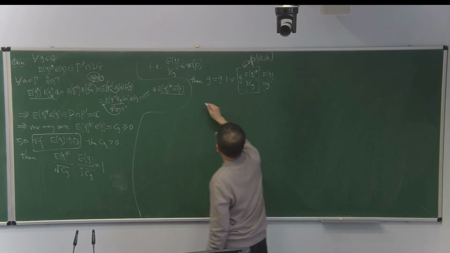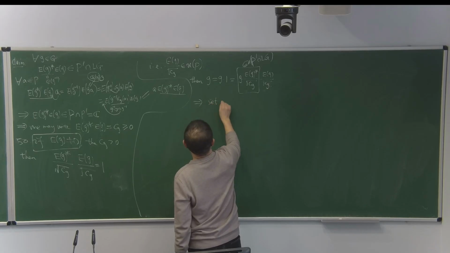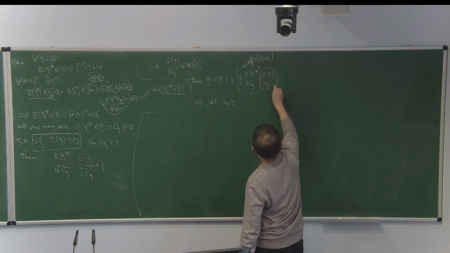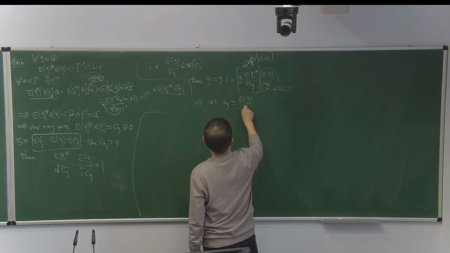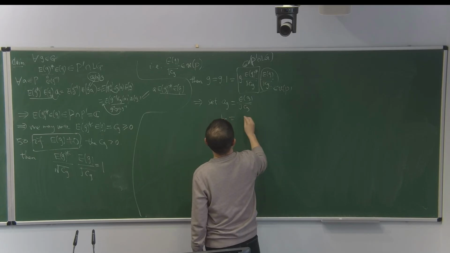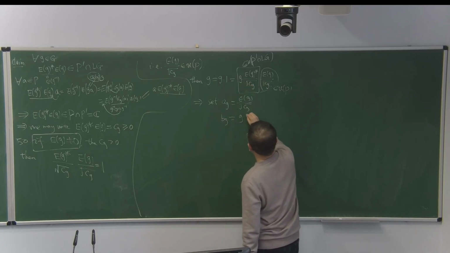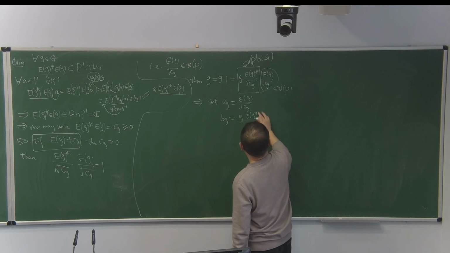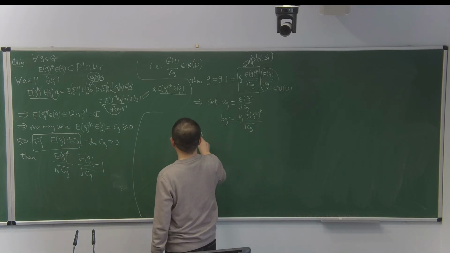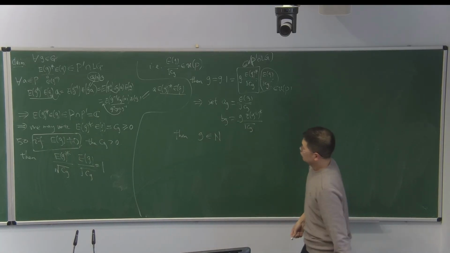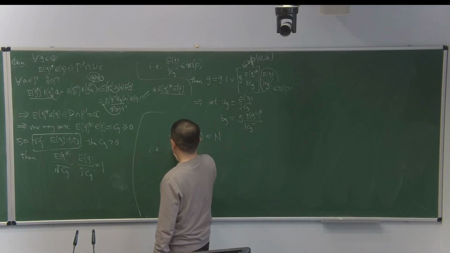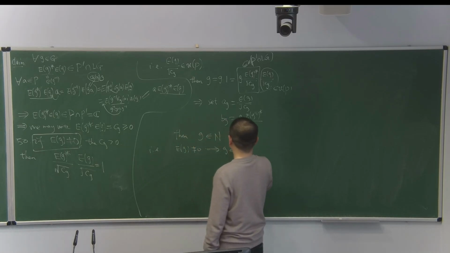So if we set A_G equal to this part, which lies in P, B_G equals this piece, then we see G lies in the subgroup N you defined. In other words, we have proved that E_G non-zero implies G lies in N.